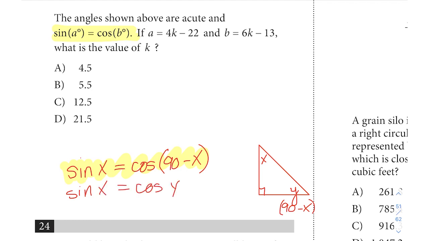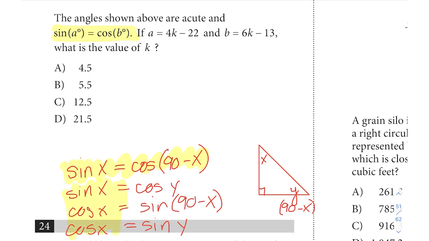So you can also think of this identity as sine x equals cosine y, and vice versa. You could switch the order around: cosine x equals the sine of 90 minus x, or cosine x equals sine of y. However you see it written, it's still the same identity.